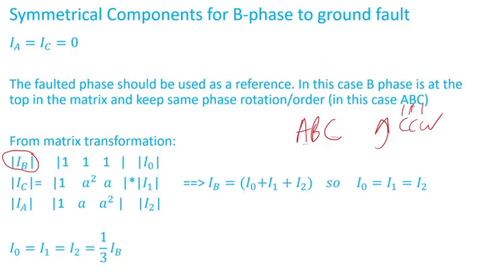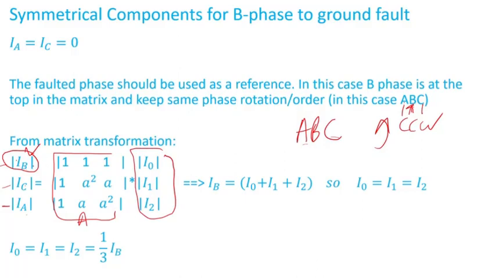Or if I start from B, it will be B first, C, then A. So B, C, A, or A, B, C. I have to keep that order. So I start with B phase, but I keep the same matrix A here, no change, and no change to the sequence current. The only thing I need to change is to start with the faulted phase, but keep the same phase rotation.